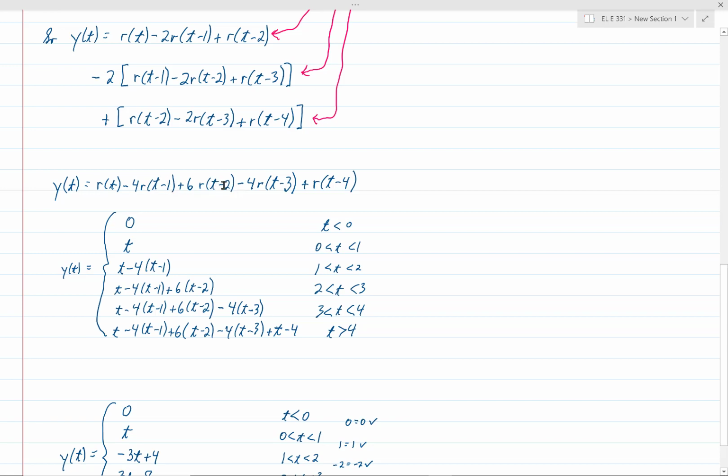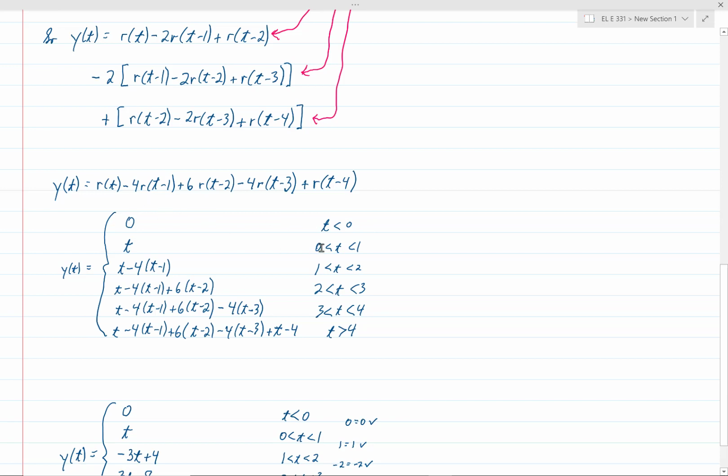This is a ramp starting at t equals 2. This is a ramp starting at t equals 3. And this is a ramp starting at t equals 4. So none of these ramps have started until at least t equals 0, and therefore, for t less than 0, all of them are 0. So y of t is equal to 0 for t less than 0.